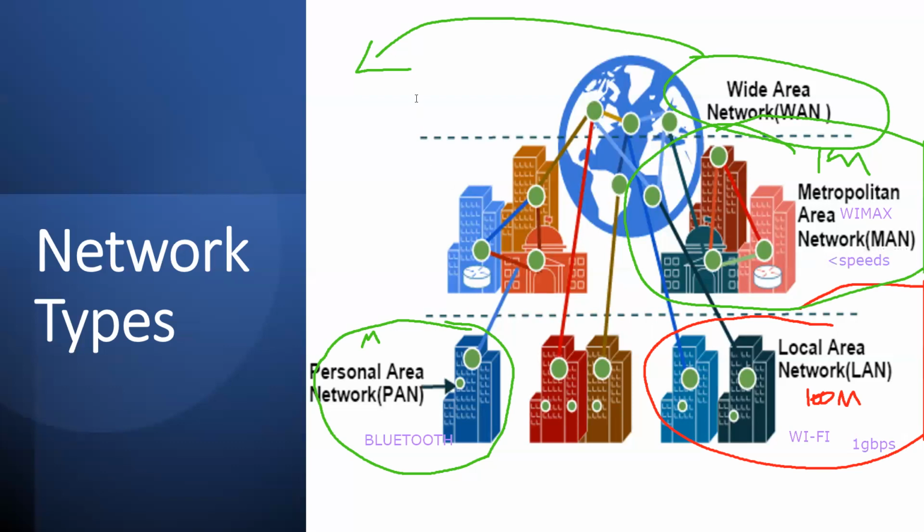But when you talk about the wide area network, it's 10 megabits, 100 megabits. You don't have a lot because it's very expensive. Sometimes using satellite, sometimes using technology that is very expensive. It's the reason that you don't have a very big bandwidth.